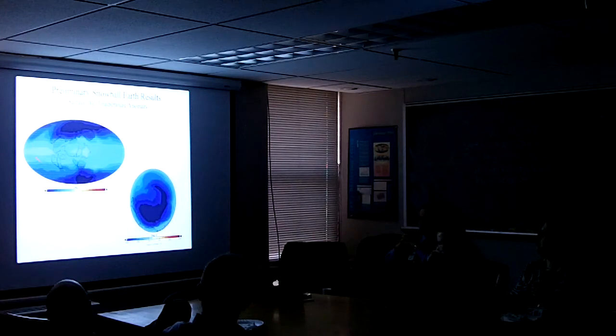This reconstruction is based on some work that was done using paleomagnetics to constrain the latitudes of various continental pieces. For example, this piece here is North America tilted on its right side. This piece here is East Antarctica.